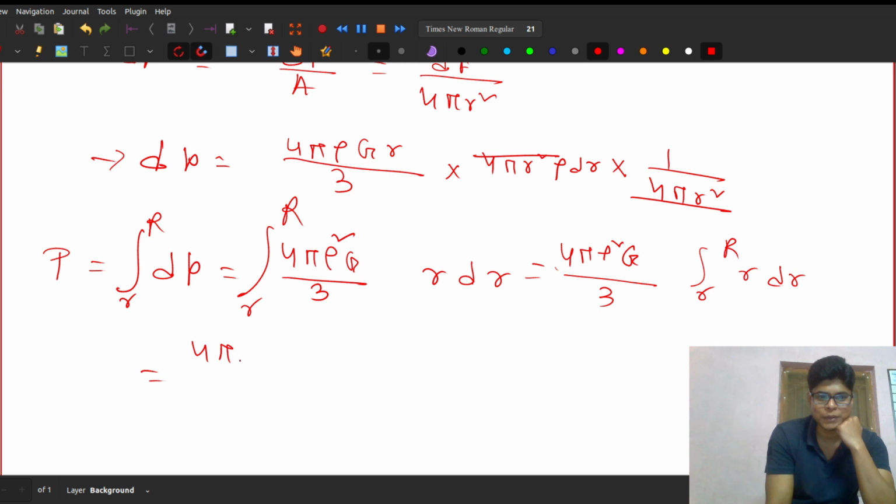So 4 pi rho squared G divided by 3 into half R squared minus r squared.